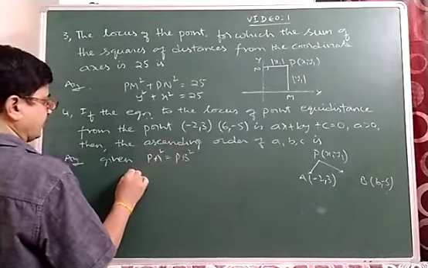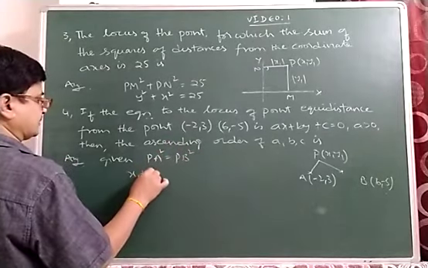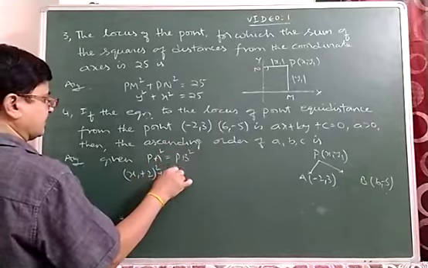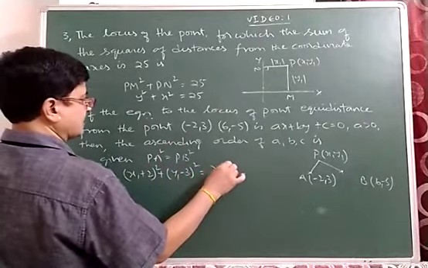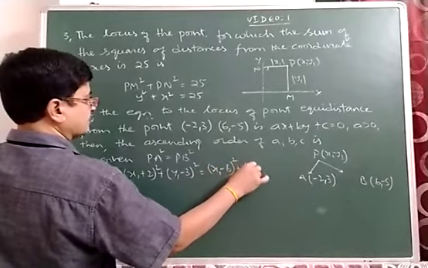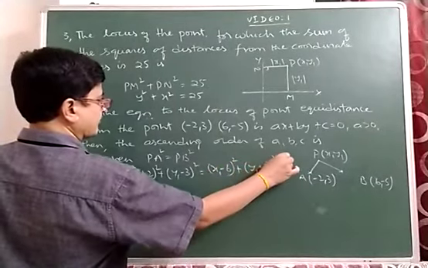Now PA square is (x1 plus 2) whole square plus (y1 minus 3) whole square, that is equal to (x1 minus 6) whole square plus (y1 plus 5) whole square.